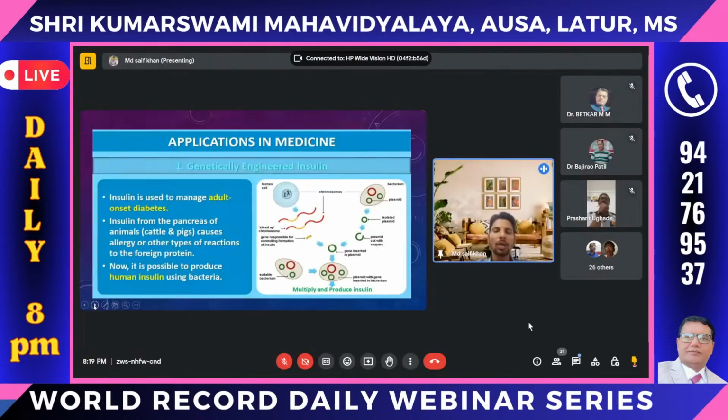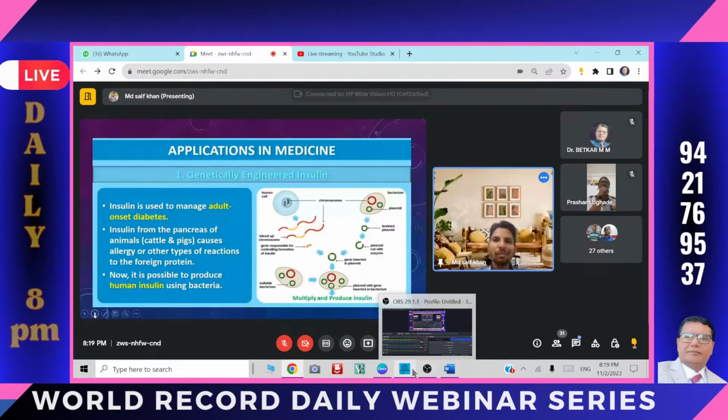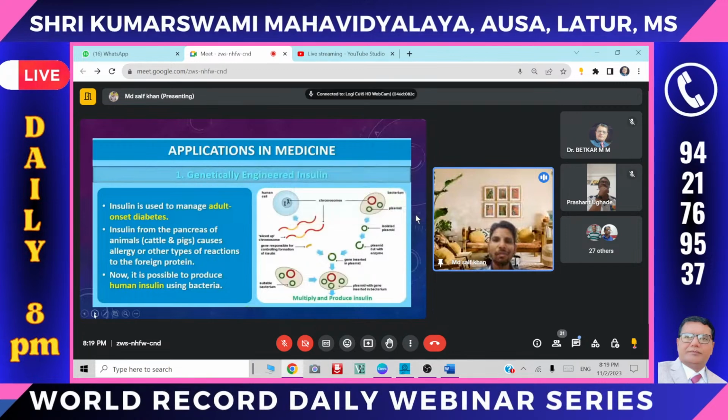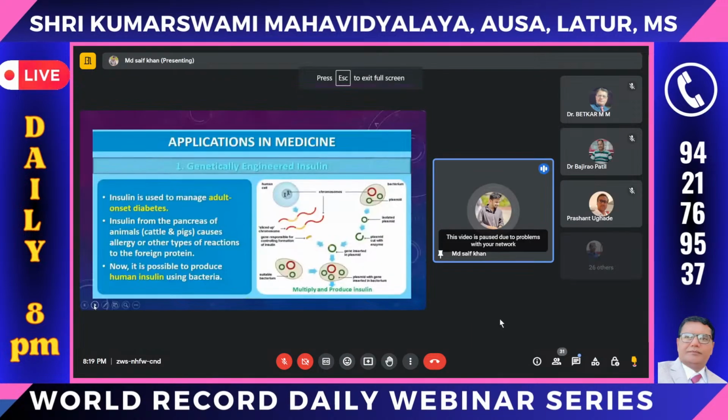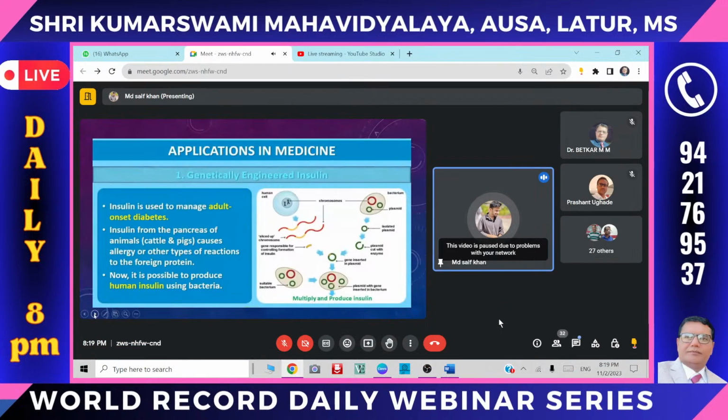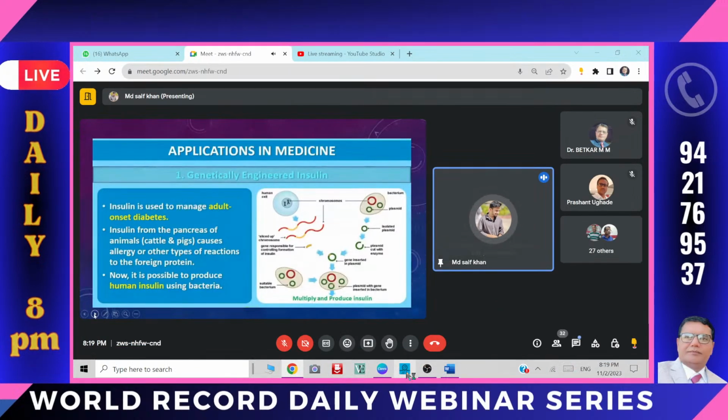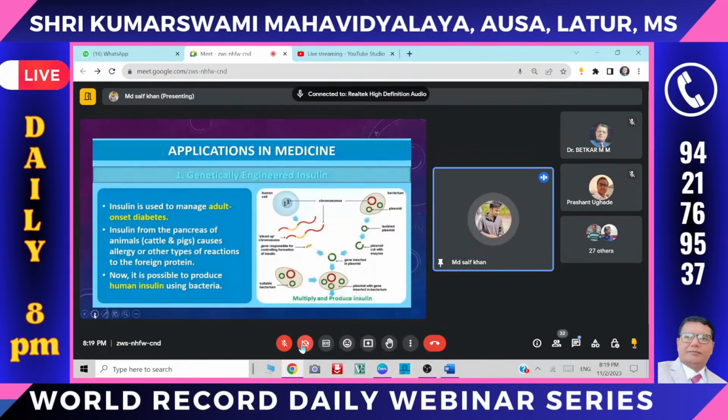So what we can do to prevent that is actually produce that insulin protein outside of the natural or living patient's body, right? Insulin produced this way is used to manage adult onset diabetes, right?